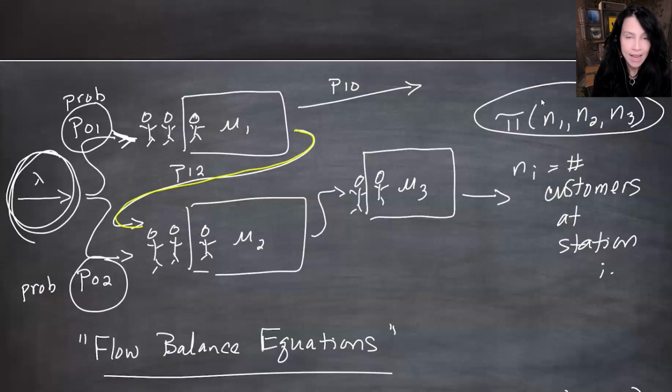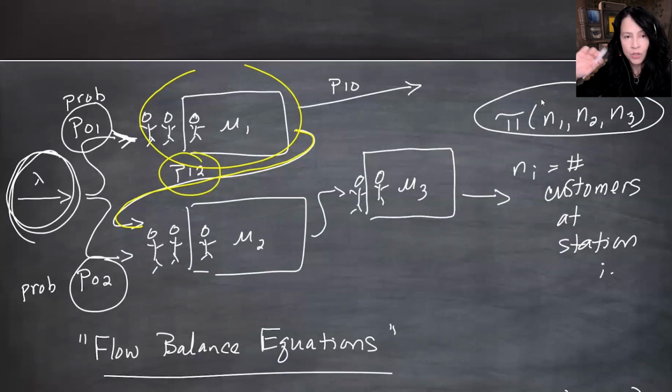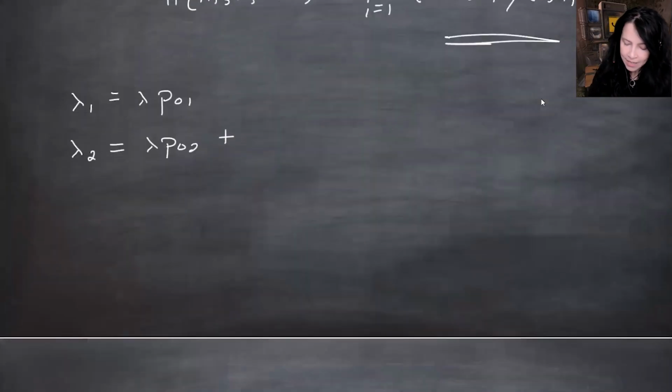So people coming out of server 1, and they're coming out with rate lambda 1. We don't know what that is yet, but that's our rate in or out of server 1. So people are going in here with rate lambda 1 and coming out with rate lambda 1 if we're in equilibrium, and then a proportion, this probability P12 of that rate, is going to move to server 2. So what we get is lambda 1 P12.